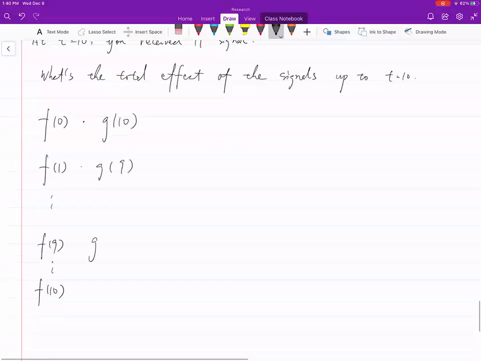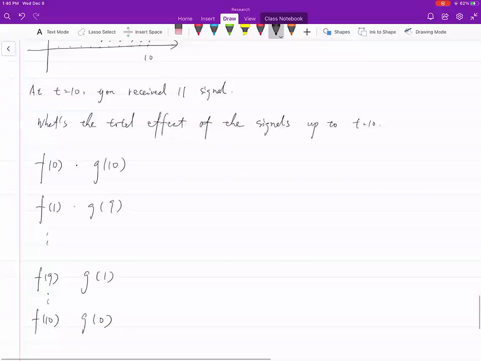F9 should be adjusted by G1, and F10 should be adjusted by G0, which means no adjustment. It just happened. No decay.